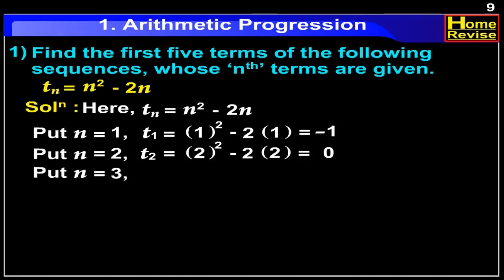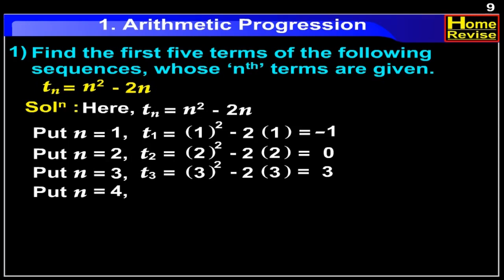For n is equal to 3, T3 is equal to 3 square minus 2 into 3, which is equal to 3. For n is equal to 4, T4 is equal to 4 square minus 2 into 4, which is equal to 8.